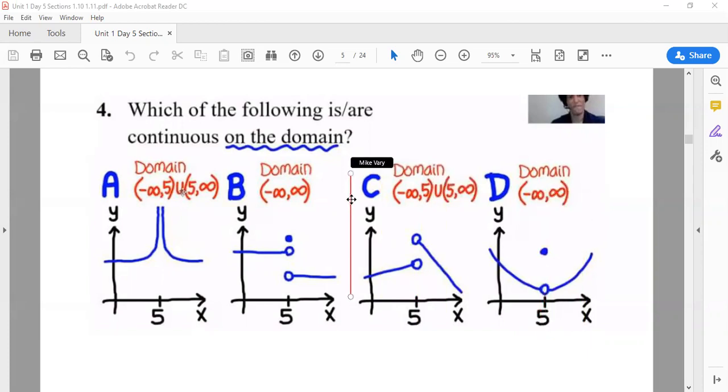Hopefully that makes sense. Domain is not the same as continuity. Domain just says, is there an output? Does a vertical line pass through a point on this graph?